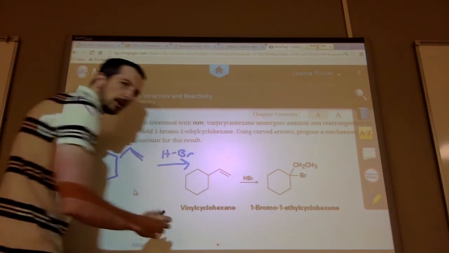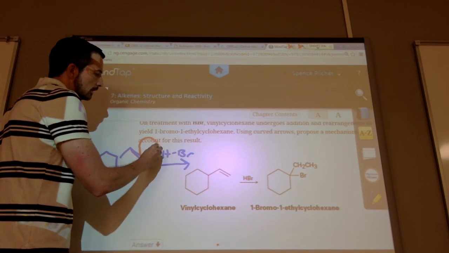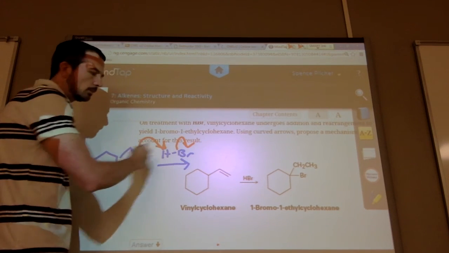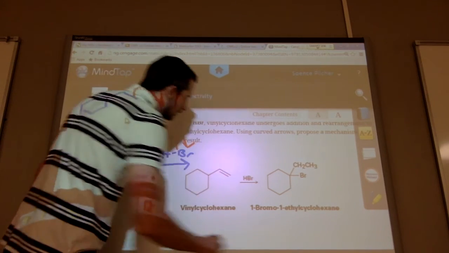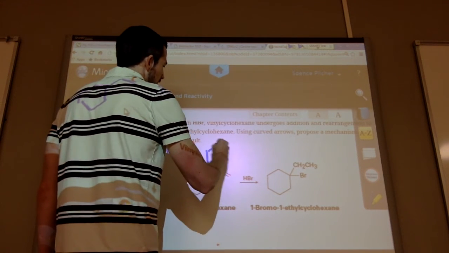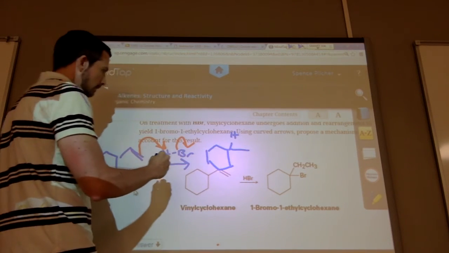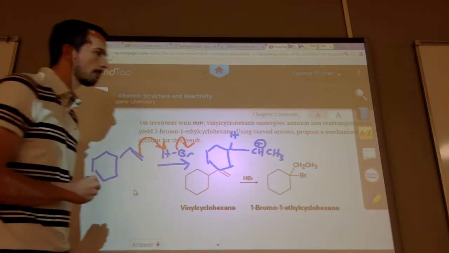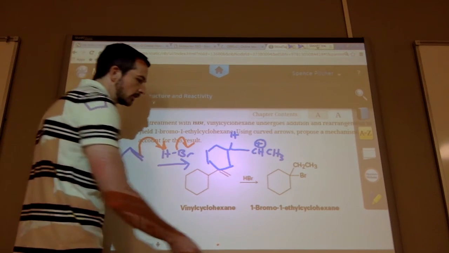So I'm going to start out my mechanism, just like all the other mechanisms. Electron-rich source, pi bond, adds a hydrogen from my HBr, where I have a partial positive on that hydrogen. So then I'd have a positive charge on the most substituted position. But now I have a secondary carbocation, and the position adjacent to it is tertiary.